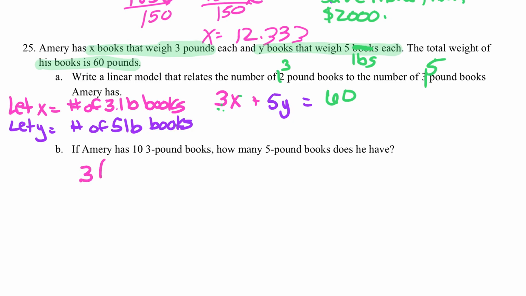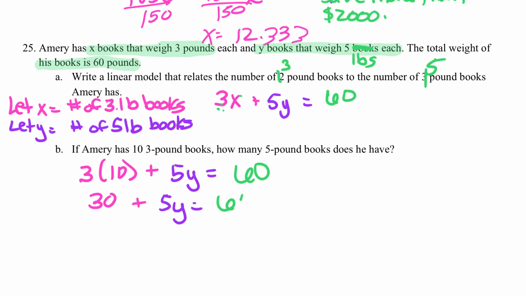So 3 times 10 plus 5y is equal to 60. So I have 30 plus 5y is equal to 60.